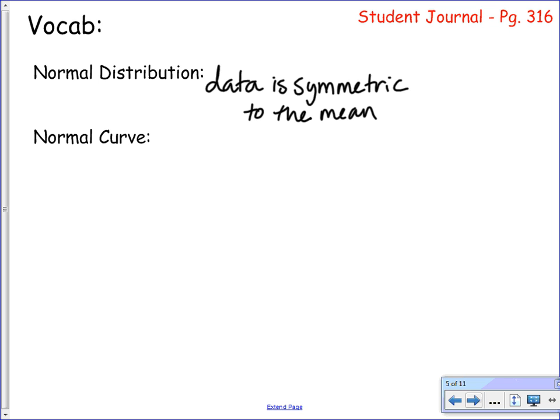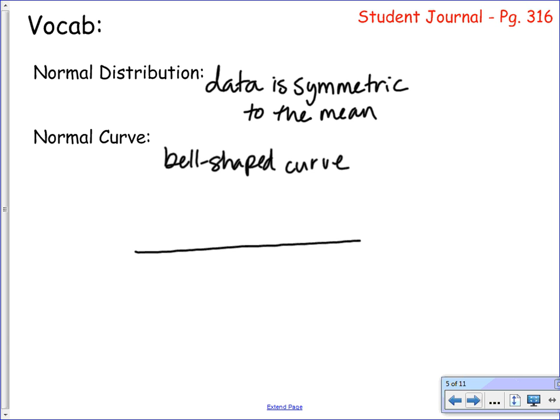Normally distributed data can be identified on what is called the normal curve, and the normal curve is our bell-shaped curve. If you want to draw a quick sketch of what the normal curve looks like, it would look very similar to that curve in the activity we just kind of talked about with the squares.